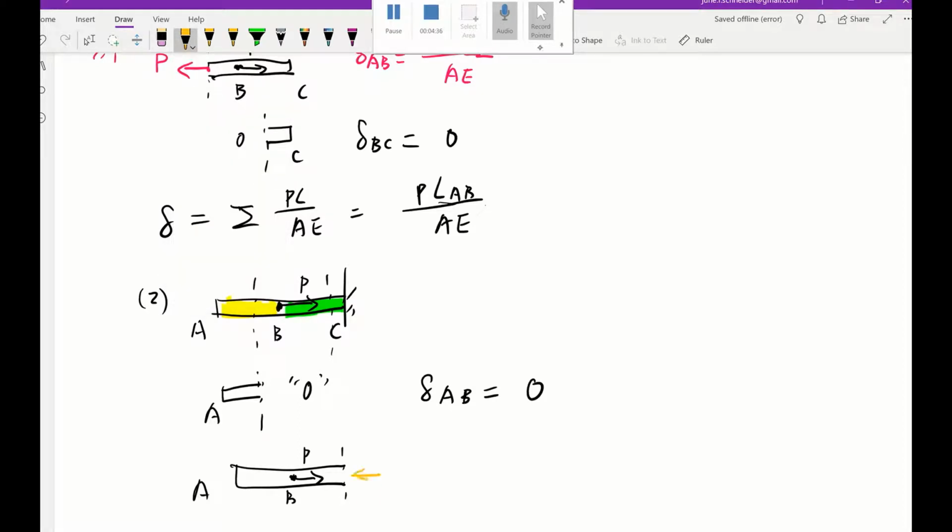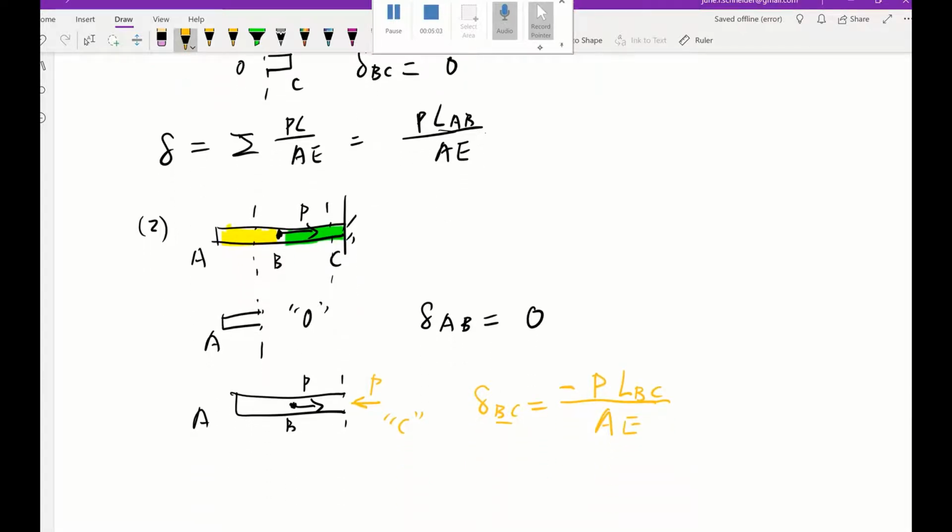That's going to have to be equal but opposite, P, and that's a compression, right? So in that situation, my delta BC, this green highlight area, is going to have its own contraction deformation. That's negative. Its internal force is P, and L, what's L here? It's L_BC over AE.